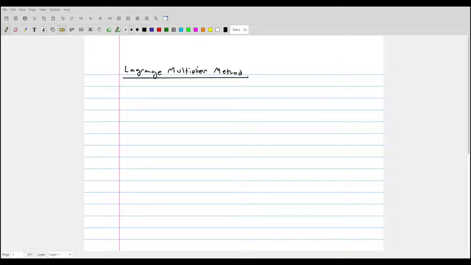an unconstrained optimization problem. So the idea here is that our main problem with the Lagrange multiplier method is that we will try to maximize some multivariable function subject to one or possibly even more constraints, depending on how many variables we have.